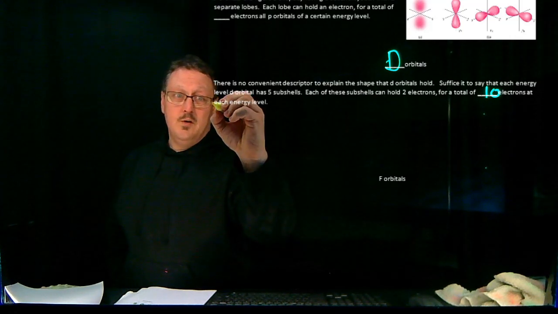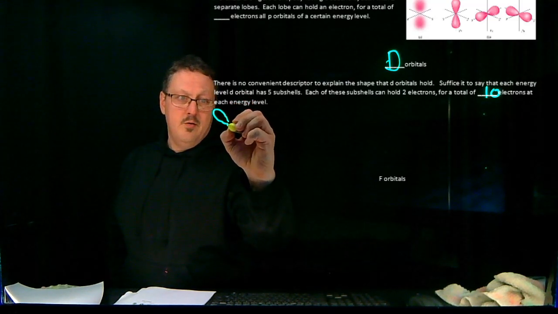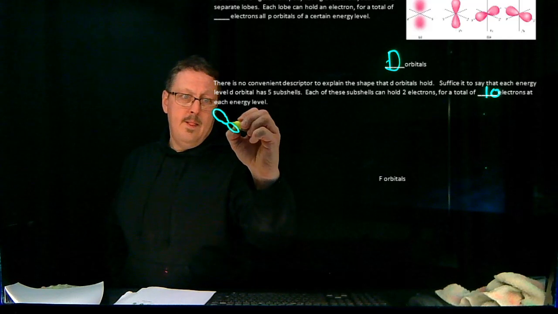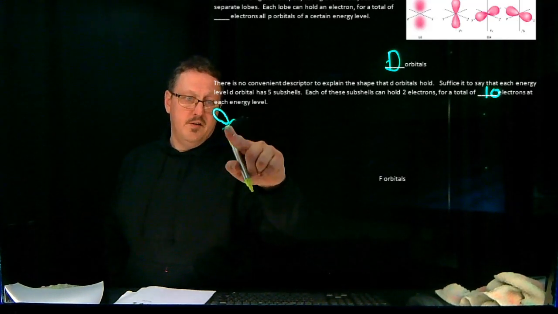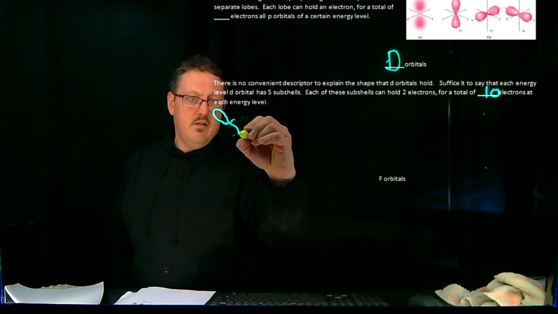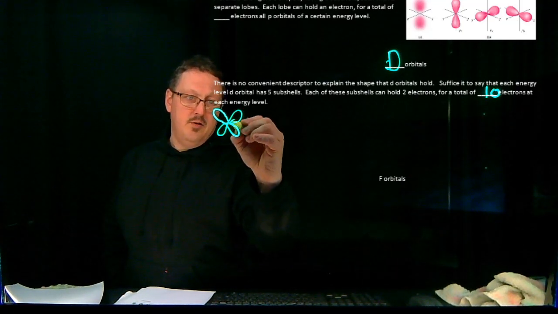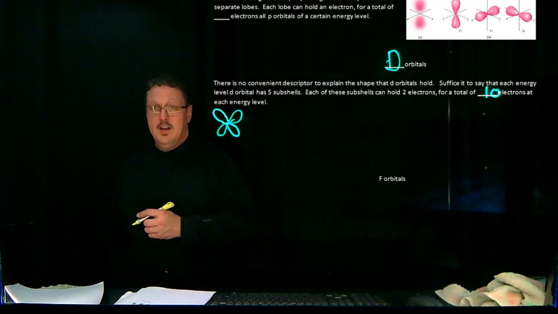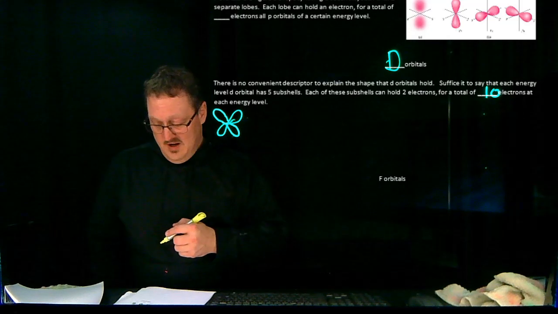Okay, now if we're going to pretend to draw them, they're going to be horrible, but whatever. So you could imagine something that looks kind of like our p orbital, sorta. Okay, so imagine those are the same, because you know a real artist could do that. I can't. That's fine. Okay, so now a d orbital is going to look kind of like that, sort of like a butterfly according to this drawing, but whatever.